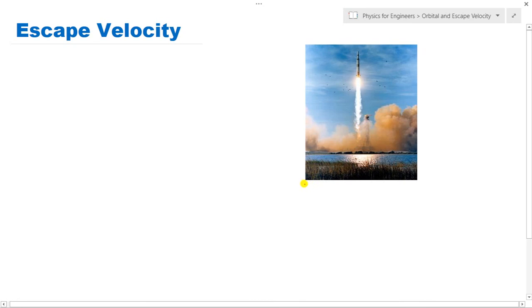So in this figure, mag-base lang ta. Let's say this is the surface of the Earth. And then of course, let's assume that this one right here is the core of the Earth. Okay, that is the core of the Earth.